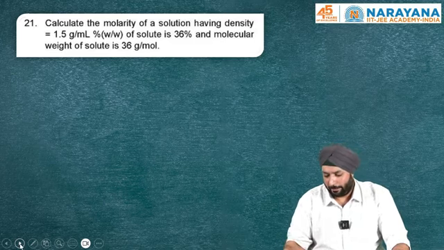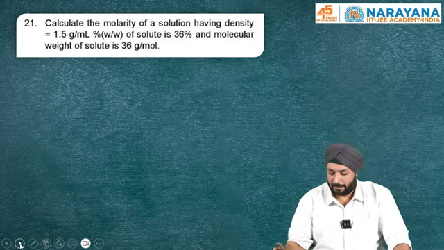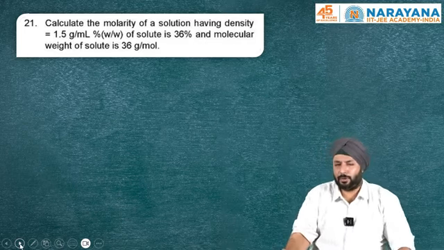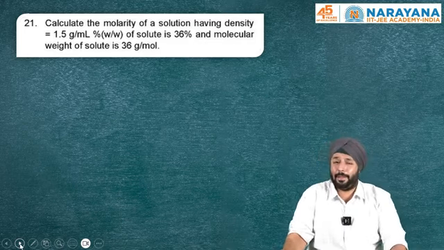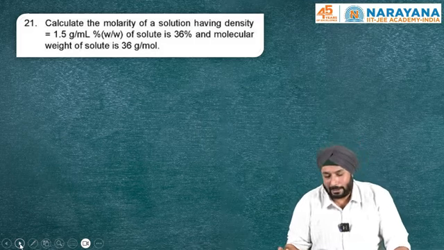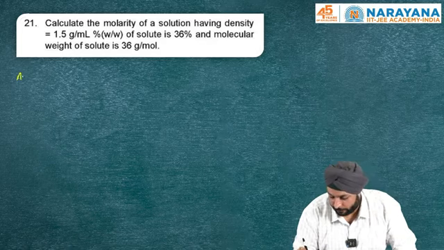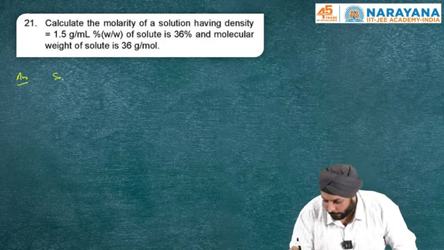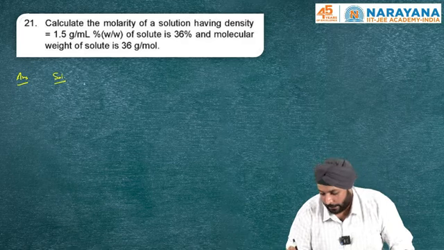We have density. We can easily calculate. See, there should be one assumption to solve this question. An assumption should be made in such a way that your life should be simple. So we'll assume that the volume of solution is 1000 ml.